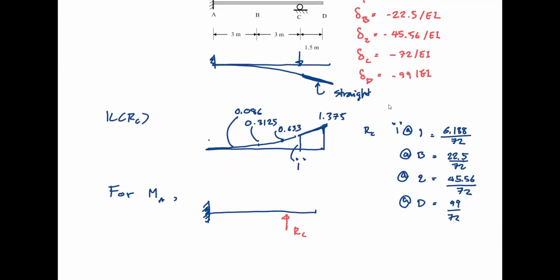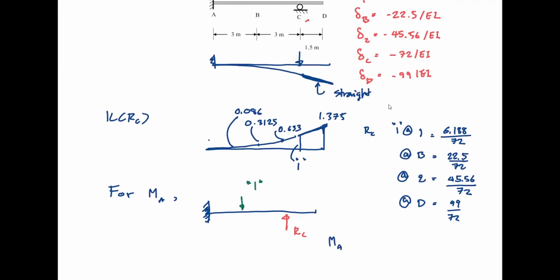And for a prop cantilever like this, I kind of prefer to remove this reaction. Okay, so that's what you have. And you can use this to write your equation.